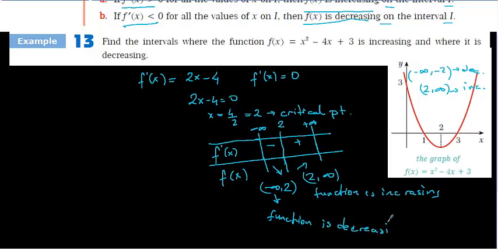This arrow also shows that the function is decreasing in this interval. Why is the function decreasing? Because f'(x) is negative. F' negative means the function is decreasing; f' positive means the function is increasing.